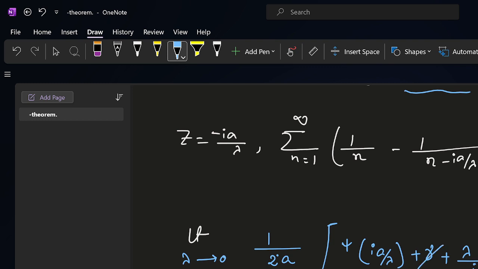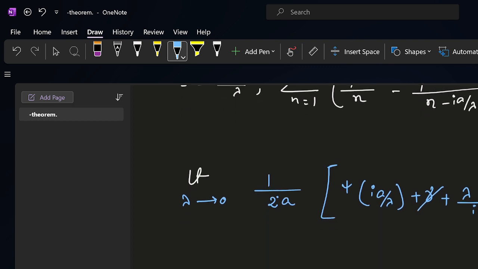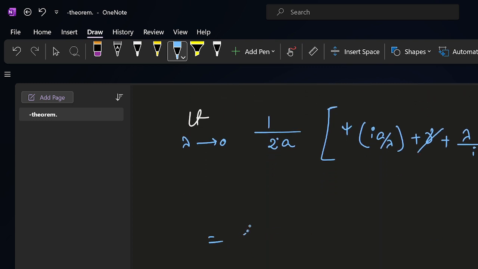So here plus gamma and minus gamma constant terms cancel out, and you are left with 1 by 2ia, 2 lambda by ia plus psi of ia by lambda minus psi of minus ia by lambda. Now up to this part we have done properly.